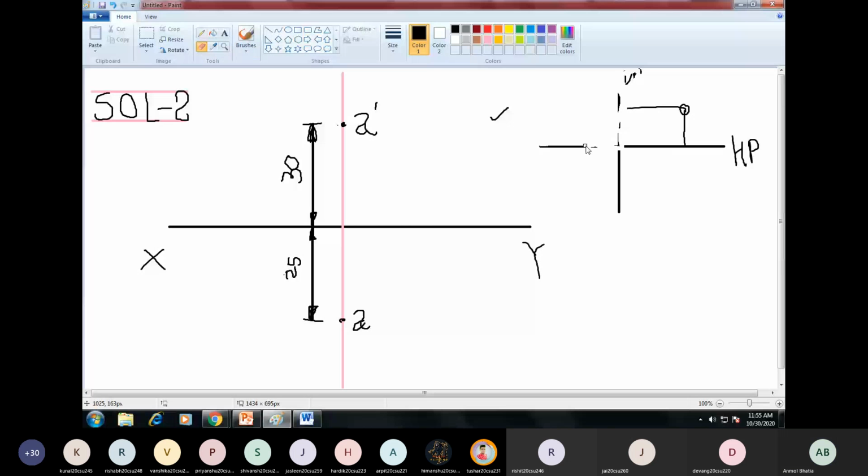Yes or no? So we'll be making the left side view on the right if we are in the first angle projection system. How do we make it? See, we will be opening the compass from this point to this point.